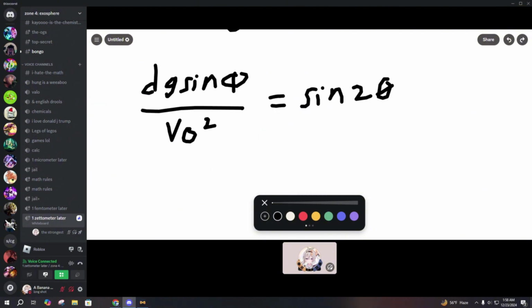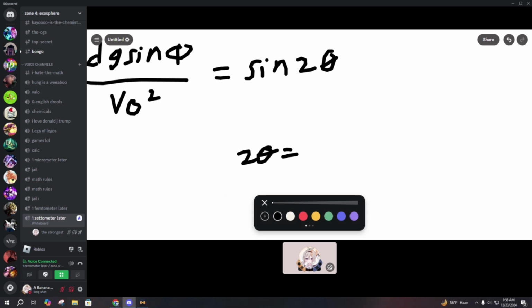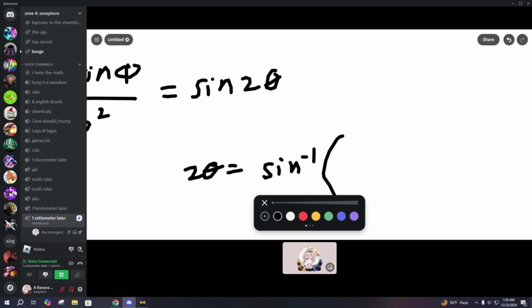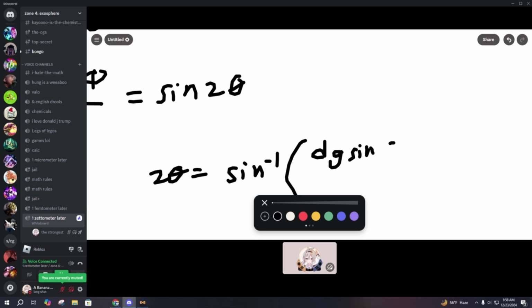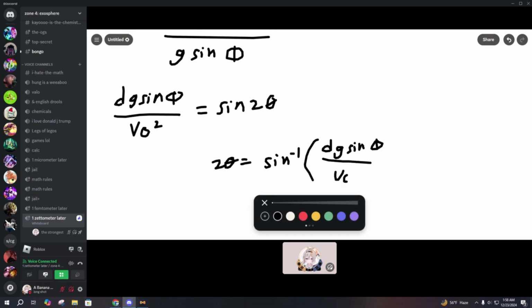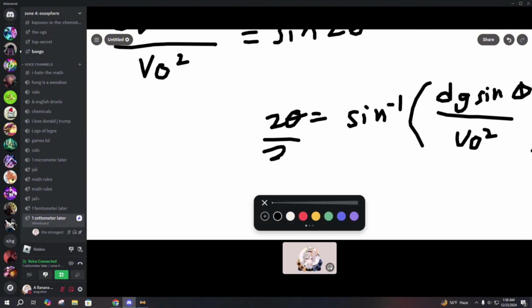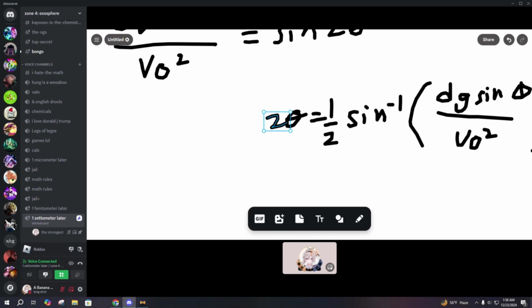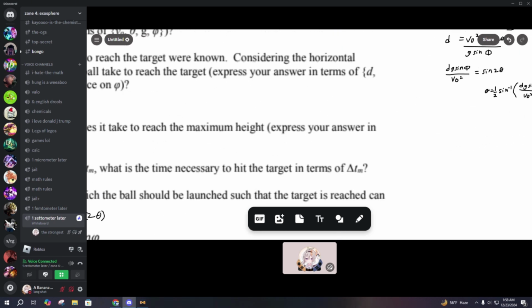Anyways, now I have that. Now I can do arc sine of that giant monstrosity, which is D g sine phi over V0 squared. And then for the 2, divide both sides by 2, same as multiplying by 1/2. I have theta equals 1/2 arc sine of D g sine phi over V0 squared.